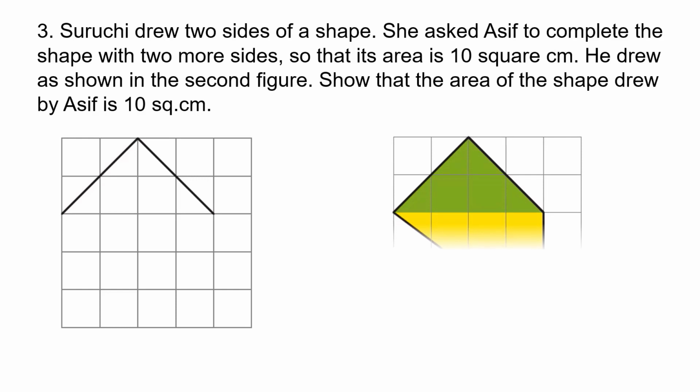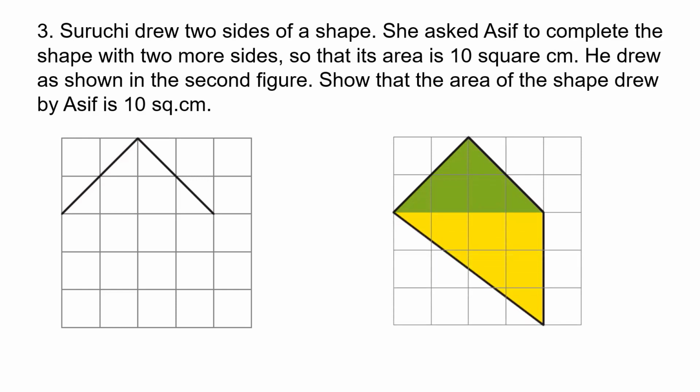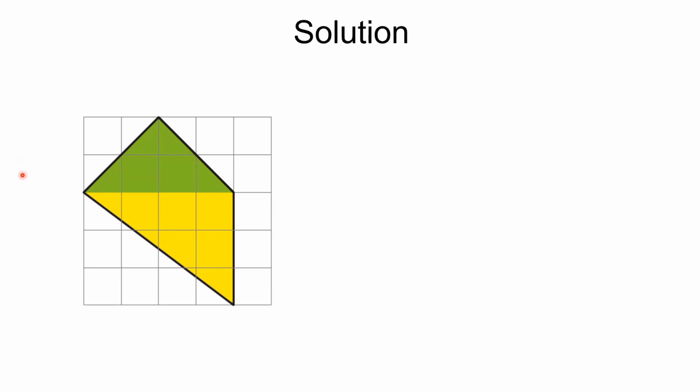He drew as shown in the second figure. Show that the area of the shape drawn by Asif is 10 square centimeters. Let us find out the solution. We have to show that the area of this shape is 10 square centimeters.